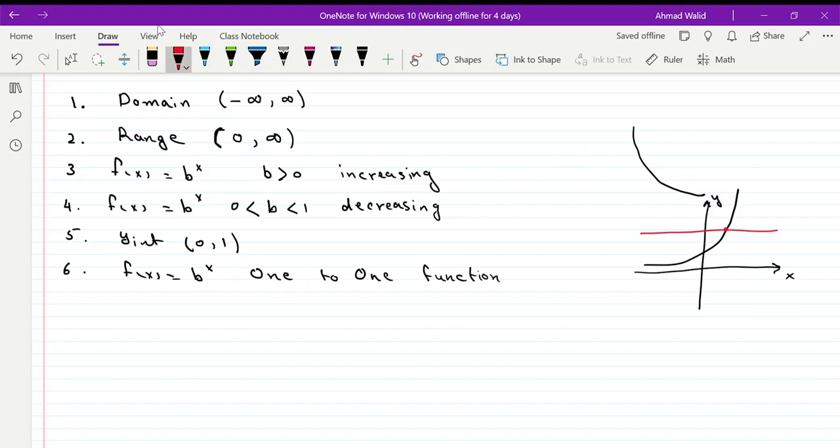Then it's a one-to-one function. If f of x equals b to the power of x is a one-to-one function, it means exponential functions then have an inverse function too. Correct? Later in 4.2, I will discuss what is the inverse of an exponential function. Actually, the inverse of an exponential function will be the logarithmic function. Correct?